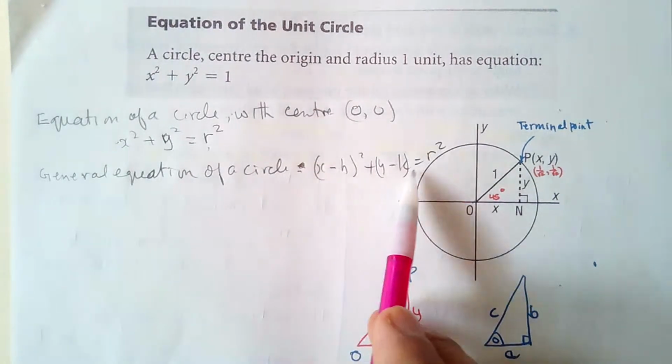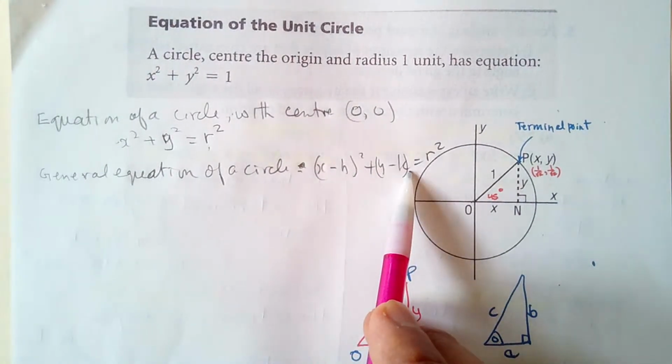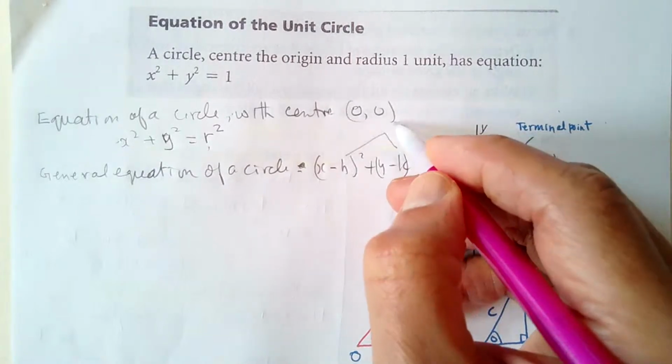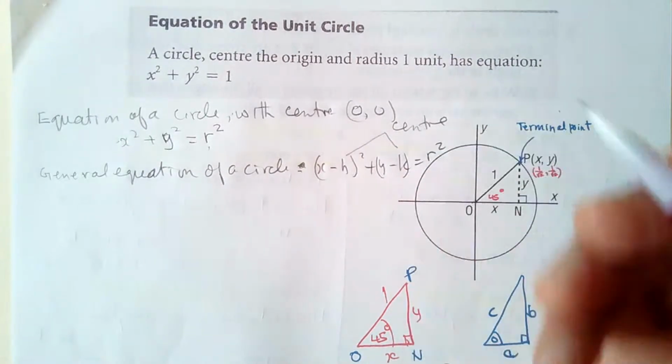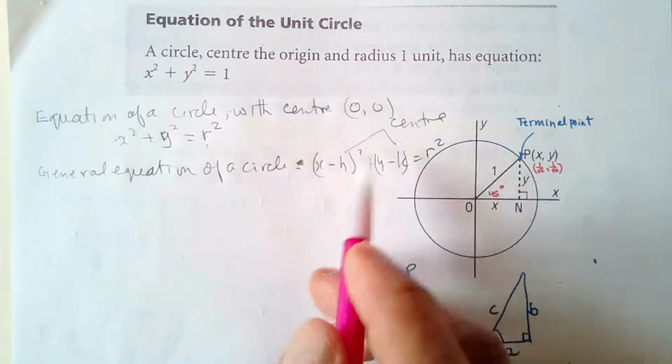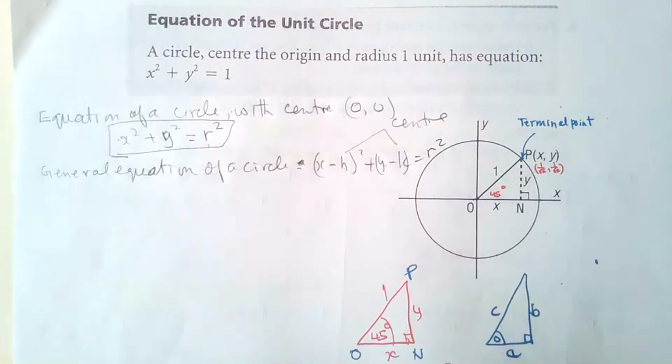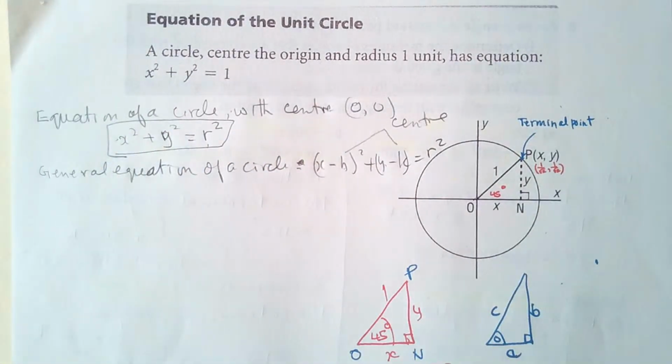But because the center (h, k) is 0, 0, it becomes x squared plus y squared equals r squared. Now that's the background, so you need to remember that.